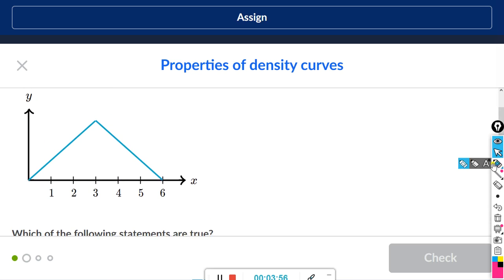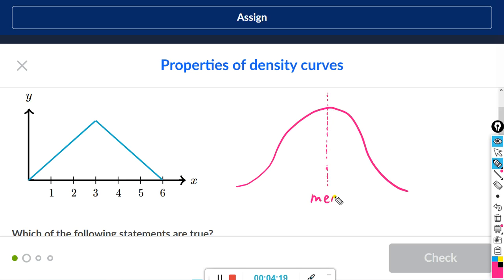So remember, when you have the bell curve, like so, and it's symmetrical or the same on both sides, the mean and the median are just going to be right down the middle. Okay, so that line right down the middle, that's going to be the mean, and it's also going to be the median.